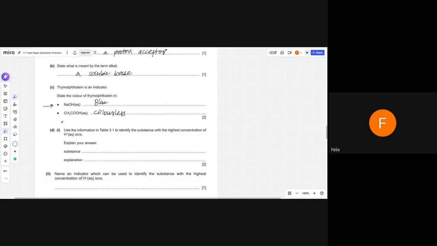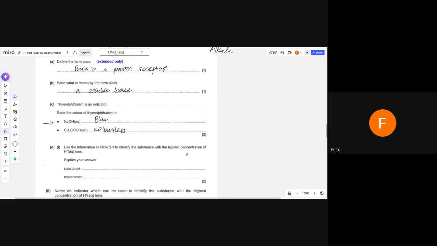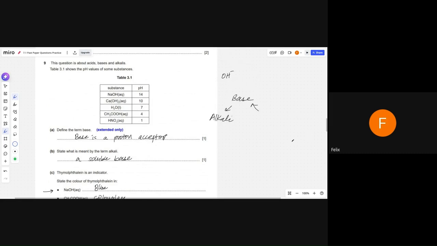The next question is, use the information in table 3.1 to identify the substance with the highest concentration of H plus ions, and explain your answer. There is an inverse relationship between pH and the concentration of the hydrogen ion.